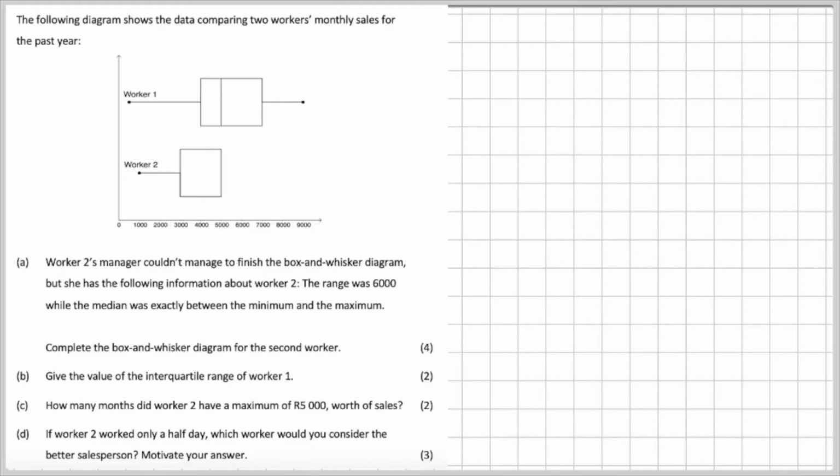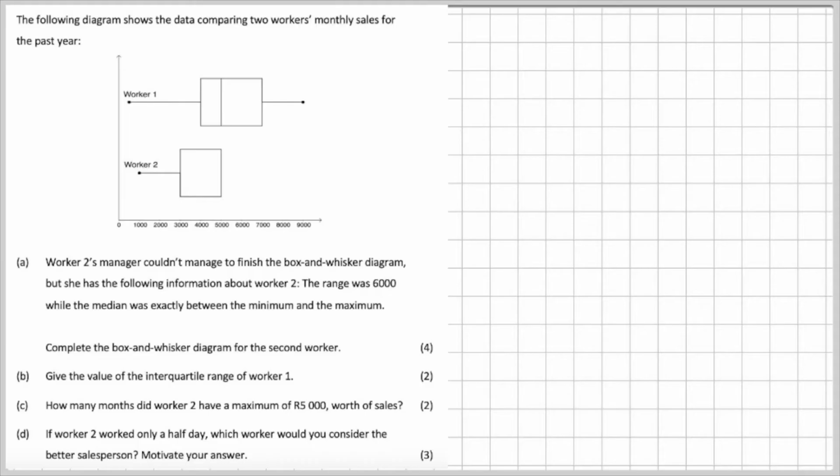First of all, the range was 6,000, while the median was exactly between the minimum and the maximum. Complete the box and whisker diagram for the second worker. Give the value of the interquartile range for worker 1. How many months did worker 2 have a maximum of 5,000 Rand worth of sales?